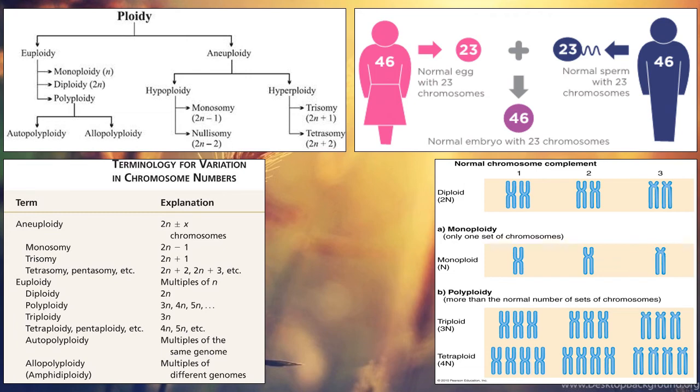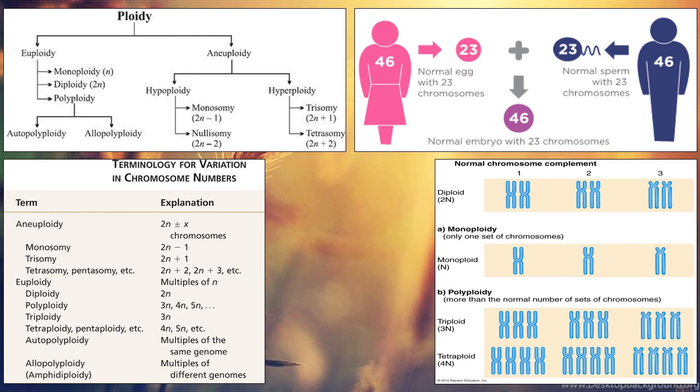Now, to have an exact idea of what autopolyploidy or allopolyploidy is, I will mention some links for the particular description where all these things are described in detail. All these will be mentioned in the description box.